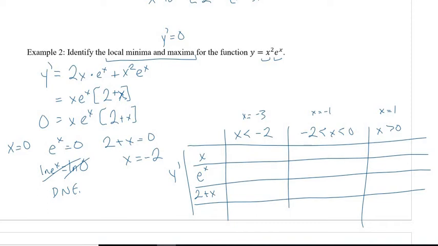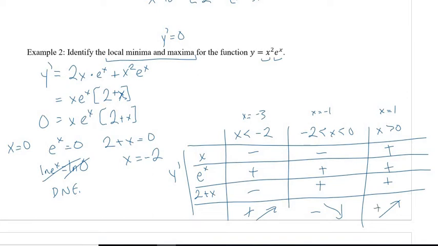So just to help speed this up, it's going to be negative, positive, negative, which means that this is going to be positive or increasing. And then we're going to have negative, positive, positive, which means that we're going to be negative or decreasing. And then we're going to have positive, positive, positive, which means that we're going to be positive or increasing.